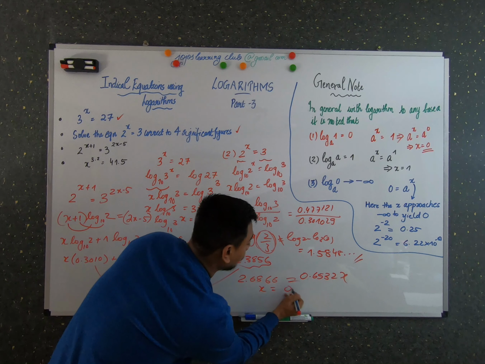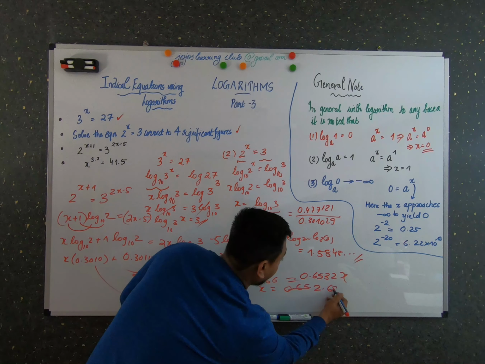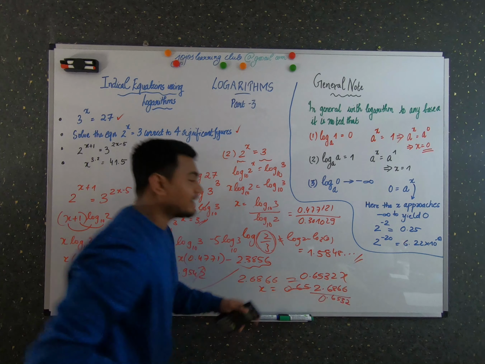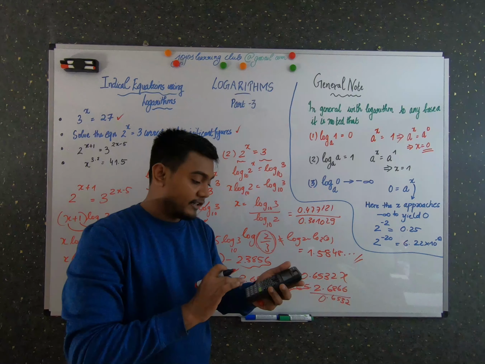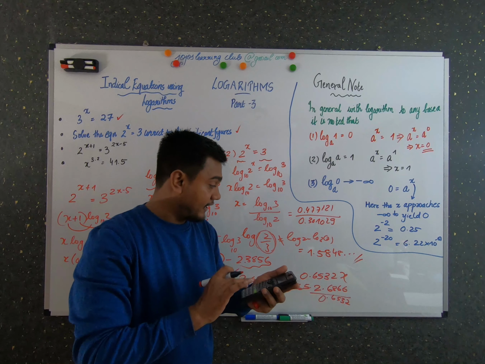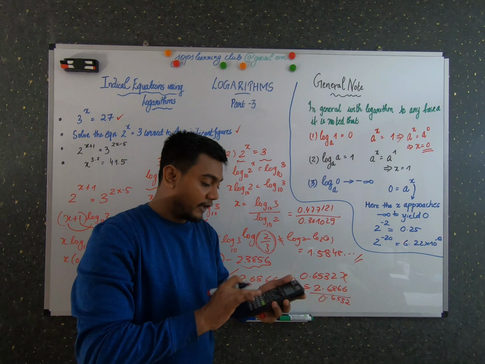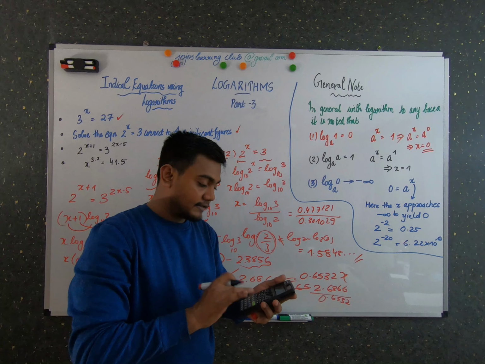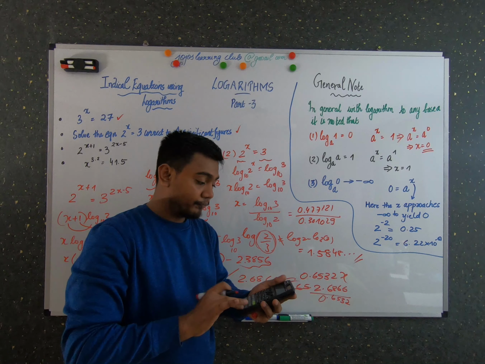From this you can find the value of x. x is what? 2.6866 by 0.6532. It's a little bit complex because there are 4 decimal places, so this is a little bit messed up, but no problem. 2.6866 divided by 0.6532.